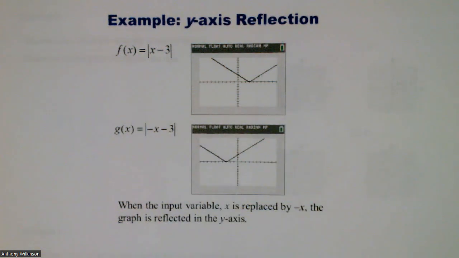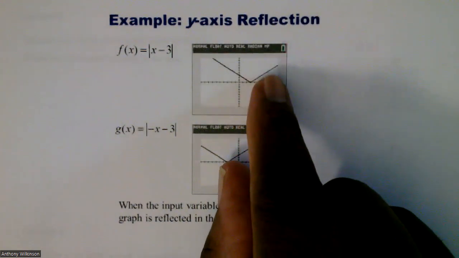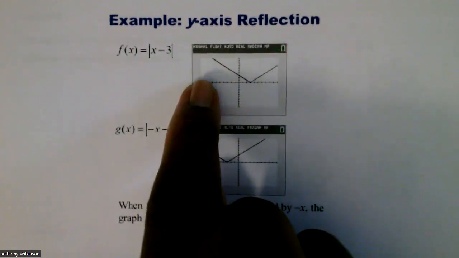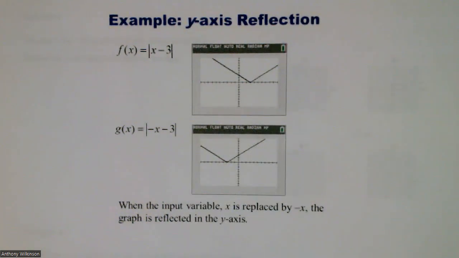Notice it's a reflection about the y-axis, because here's the y-axis here. We reflected this graph to end up over here. That's when the input value of x is replaced by -x. So it's a reflection about the y-axis.